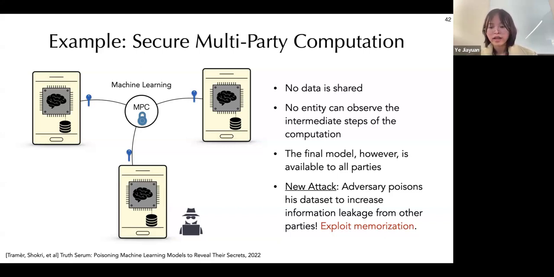Even in this case, the attacker can use strategies similar to a poisoning attack to increase the vulnerability of other participants' data. This is quite severe because it assumes the adversary only has one final trained model, and it's very realistic in terms of the threat model. It's the strongest setting ensured by these secure multi-party computation protocols.